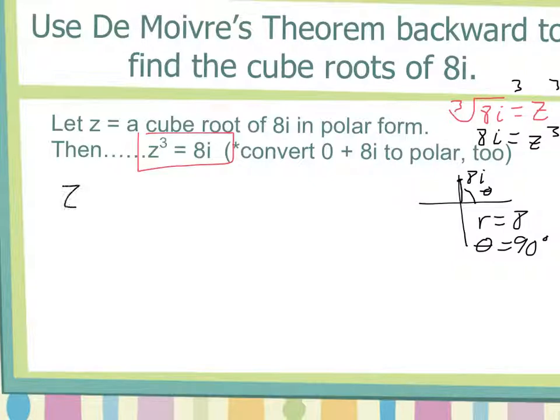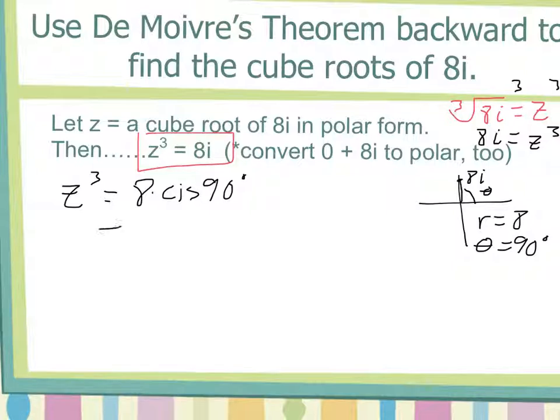Okay, so then I would say on the right side, I could rewrite 8i as 8 cis 90. Okay, so z to the third power is 8 cis 90.